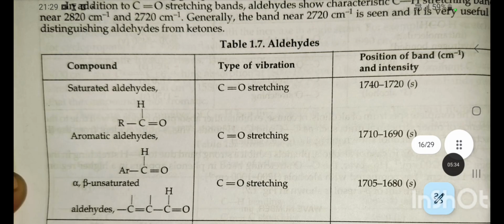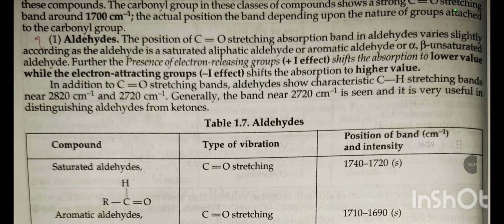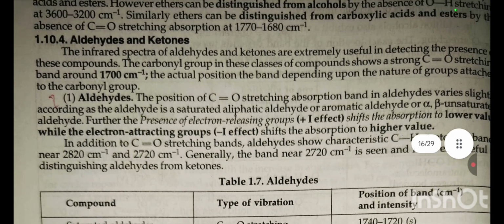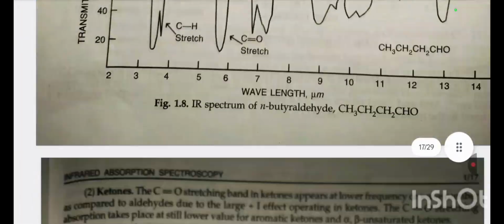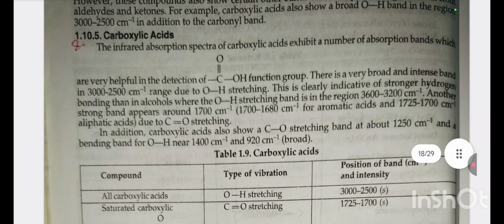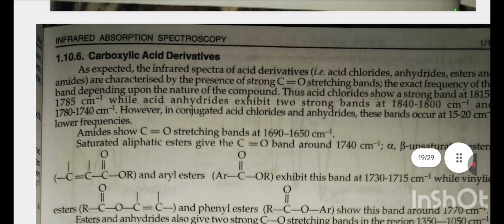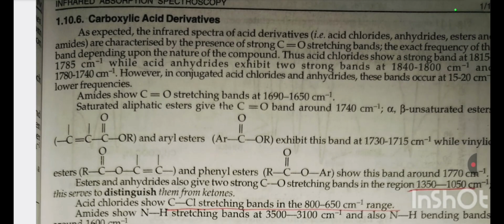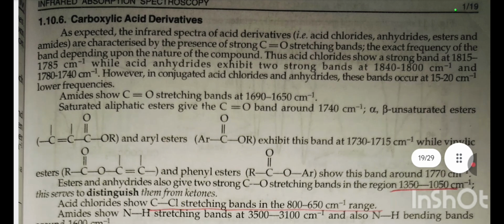However, in conjugated acid chlorides and anhydrides, these bands occur at 15 to 20 cm⁻¹ lower frequency.